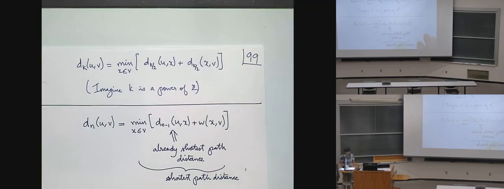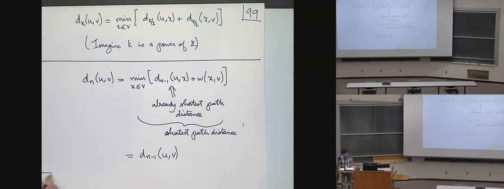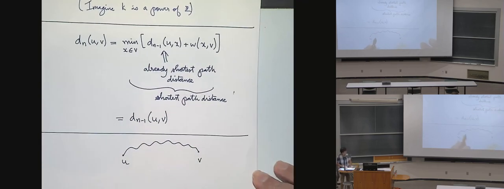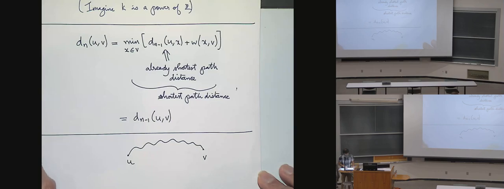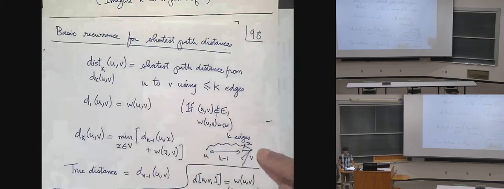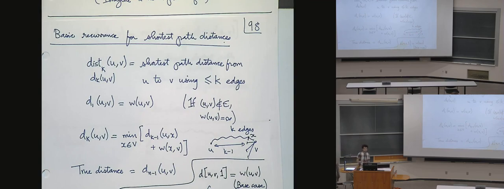So now I could change this recurrence. Ignore what I've written, I'll just rewrite the thing. Here's u to v, and I'm looking at d_k uv. Note that in this picture, I was looking at taking a path of length k and then taking the next step.